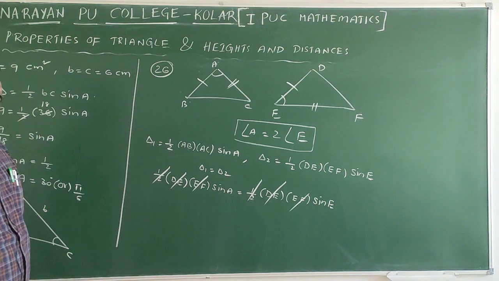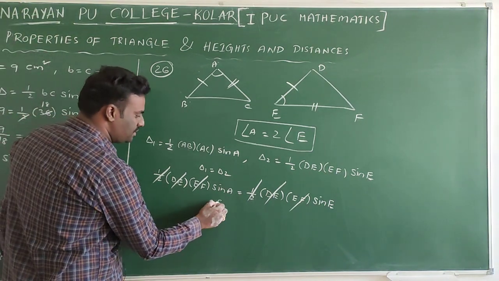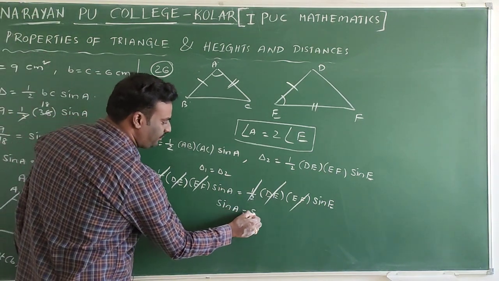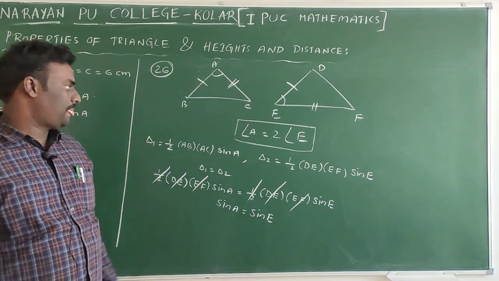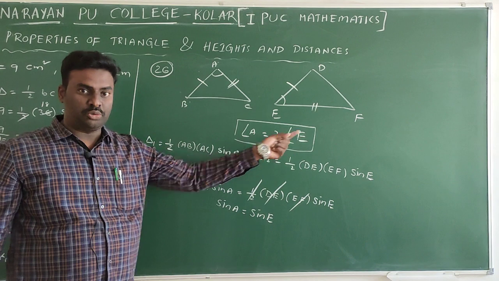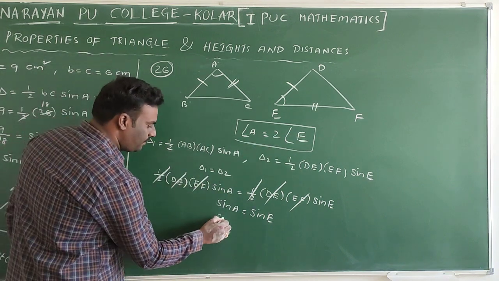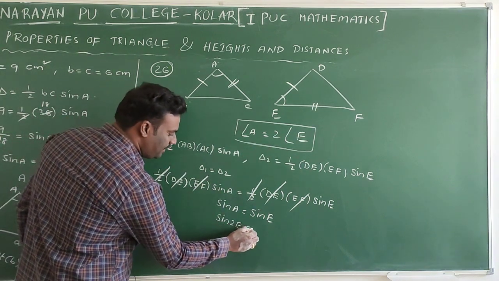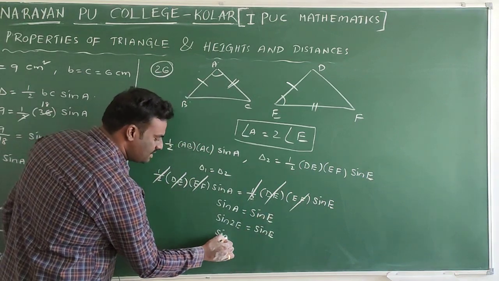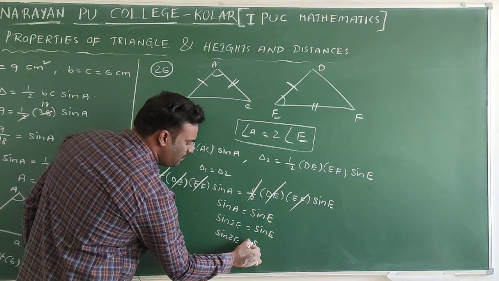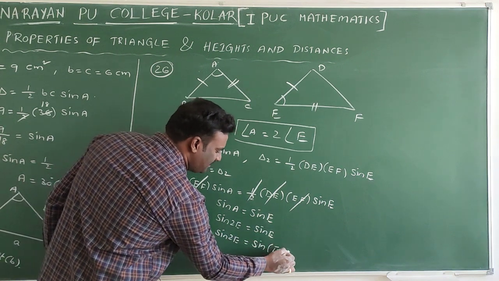Let's see. So finally, sin A equals sin E. But here, in place of A, I can take 2E. Sin 2E equals sin E. Now, sin 2E equals sin E can be written as sin(pi minus E).